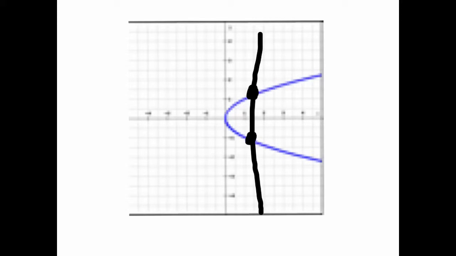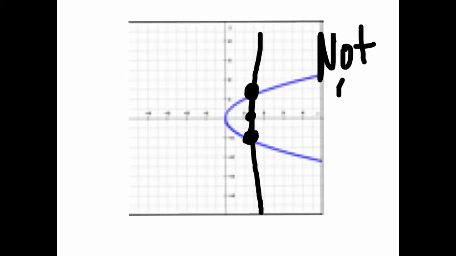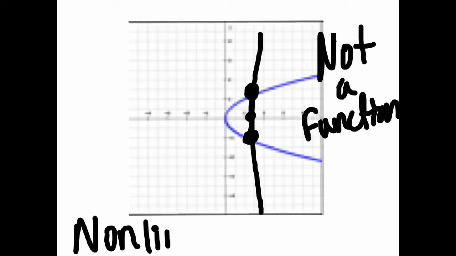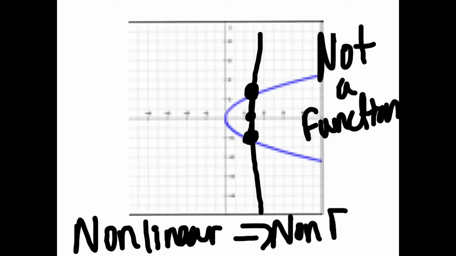Yep, it hits it here and it hits it here, which means that this x value in the middle has two y values, this one up here and this one down here, which means that this is not a function. This relationship is also not linear because it's not a straight line. So what we have here is a non-linear non-function.